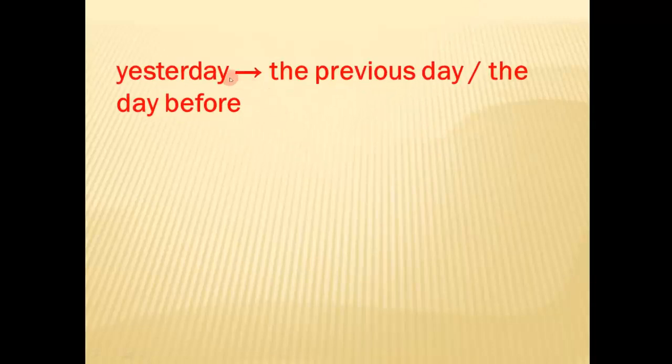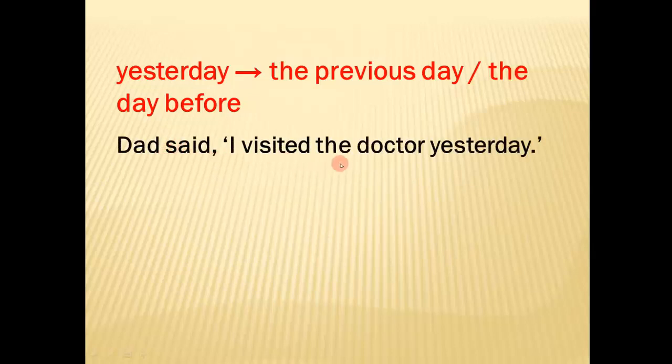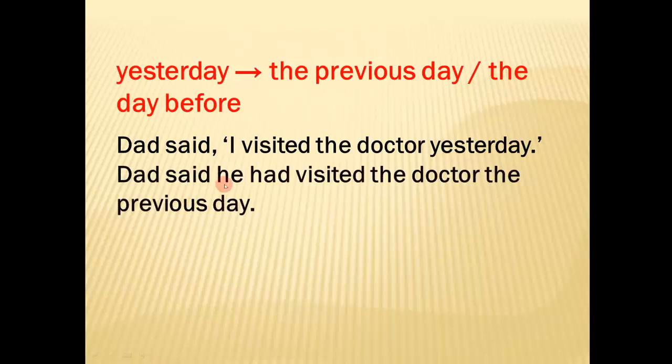Yesterday changes into the previous day or the day before. For example, Dad said, "I visited the doctor yesterday." Dad said he had visited the doctor the previous day or the day before.